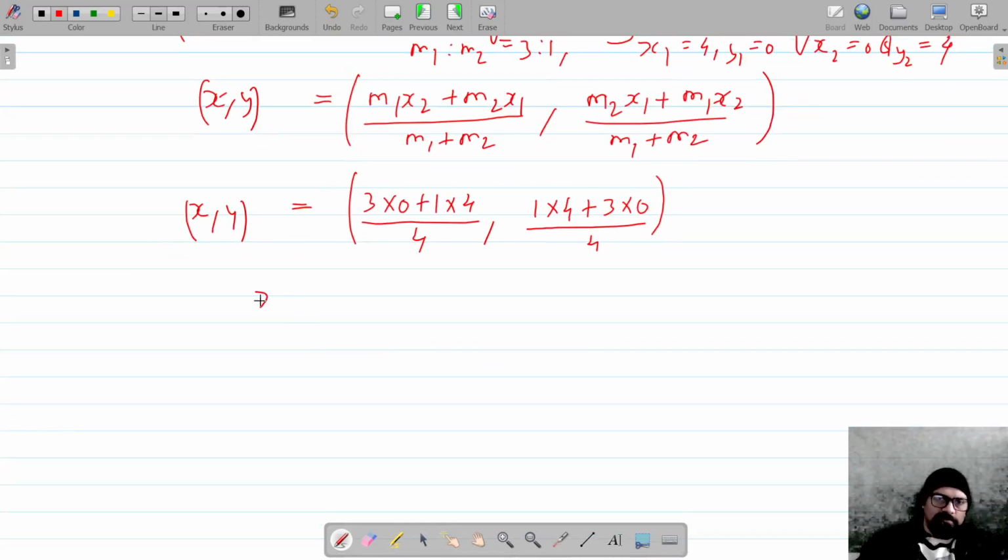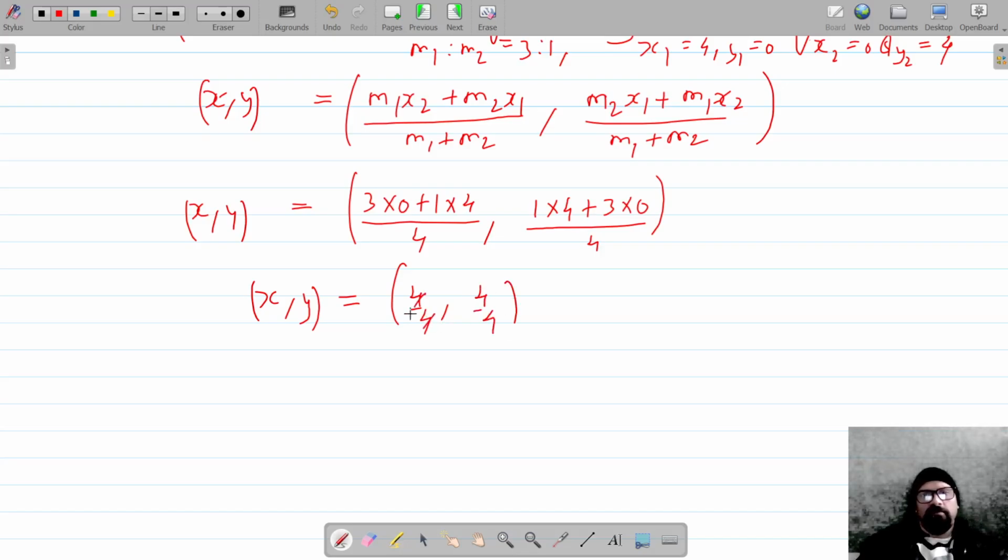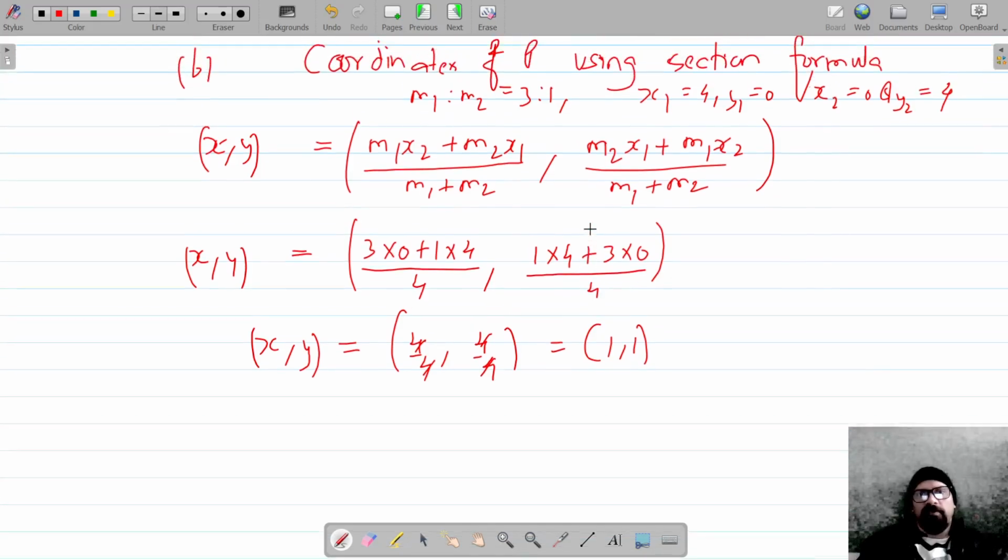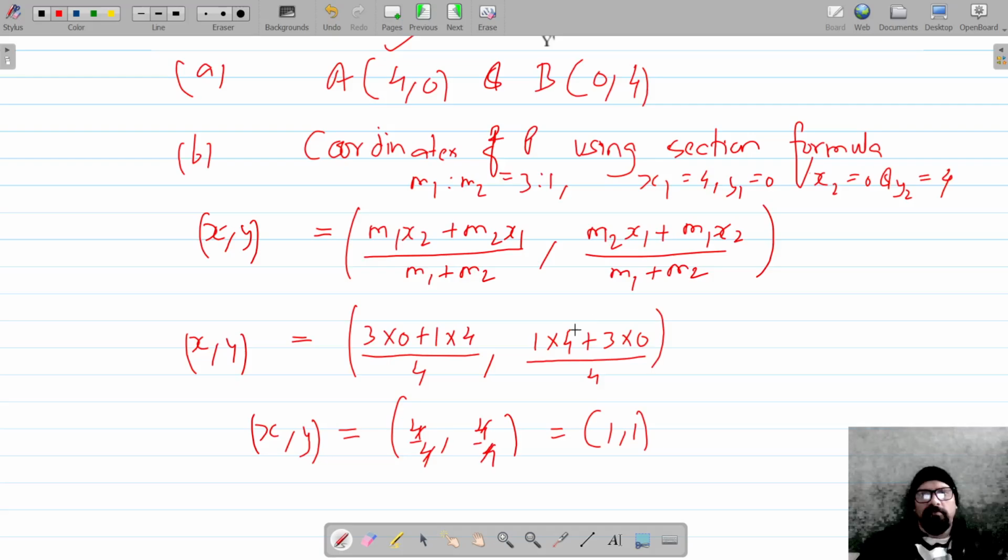This gives us x comma y is equal to 4 by 4 and 4 by 4, so the coordinates are 1 comma 1. For the second one, m2 is 1 and x1 is 4, m1 is 3 and x2 is 0.